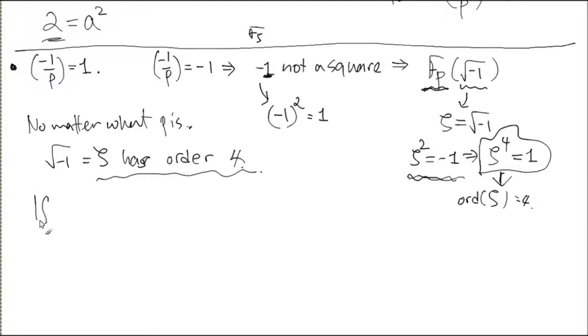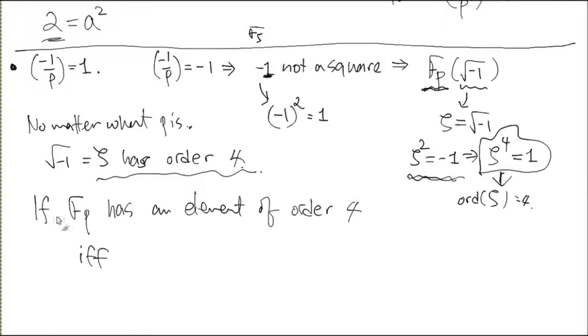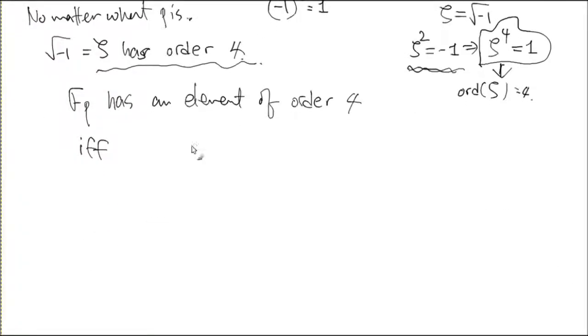If F_p has an element of order 4, if and only if, let me change to an if and only if statement, F_p has an element of order 4 if and only if adjoining the square root of -1 is actually the same as F_p.